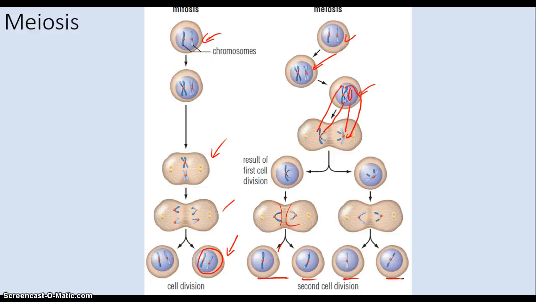So mitosis ends with 2 cells, and meiosis ends with 4. Mitosis also ends with two chromosomes in each cell, whereas meiosis only ends up with 1 chromosome in each cell. And mitosis undergoes 1 division, where meiosis undergoes 2 cell divisions.